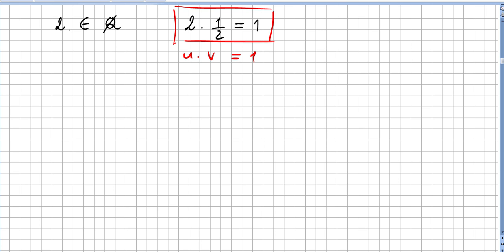But if you are in the ring of the integers, then you have 2 and you will never get a V, an element that will give you the identity. So 2 is a unit in the ring of the rationals, but it is not a unit in the ring of the integers.